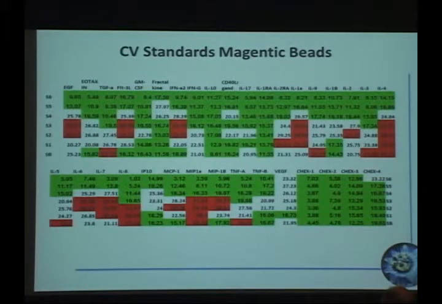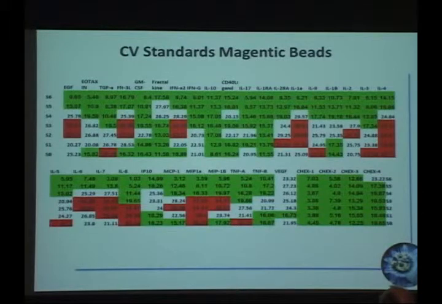you accumulate error as you dilute down. So obviously the reason that you have S6, S5, and S4 doing better is not because of something magical. It's just because we have a frozen stock. We keep a frozen stock of the standards. We aliquot that, and we thaw one aliquot every assay and start the dilution.